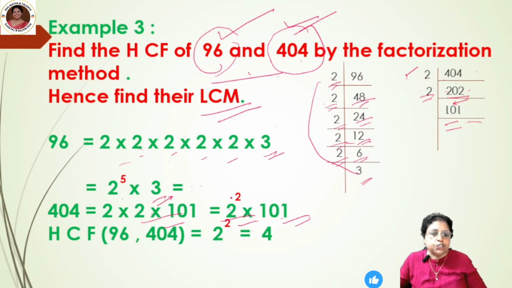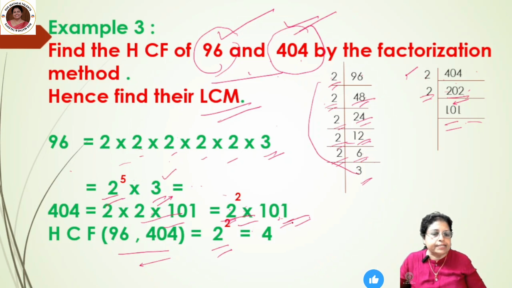So what is the HCF of 96 and 404? You have to take only the common factors. Here in 96, 2 is a factor, and here also 2 is a factor, so you take 2. Then 3 is a factor here, but 3 is not a factor here, so that is not common.